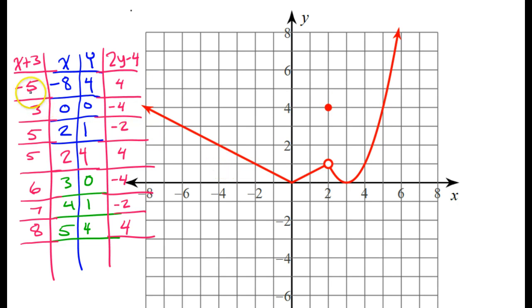So I've got a -5, 4 is going to be right here, and then 3, -4 is going to be right here. All right, this represents this long stretch right here. All right, but we haven't finished the V yet, so we also have this point at 2, 1.